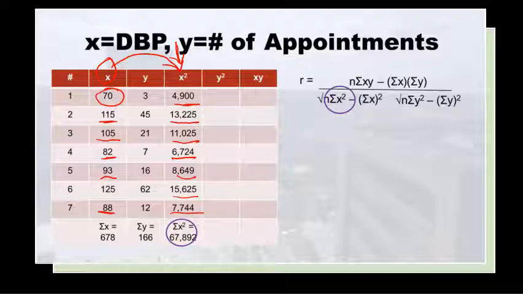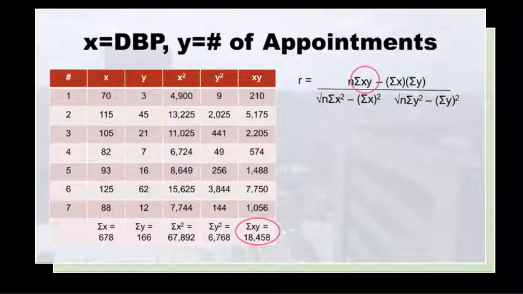Okay, so that is where we get all those. And then once you're finished calculating all of your x squareds, you add everything up. You find the sum of your x squares, which is going to be 67,892. Then you take this number and put it where you have sum of x squared, which is right here.